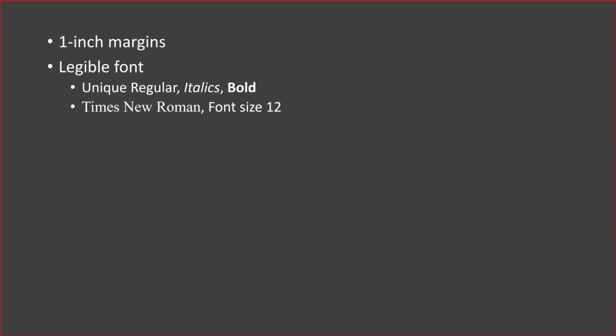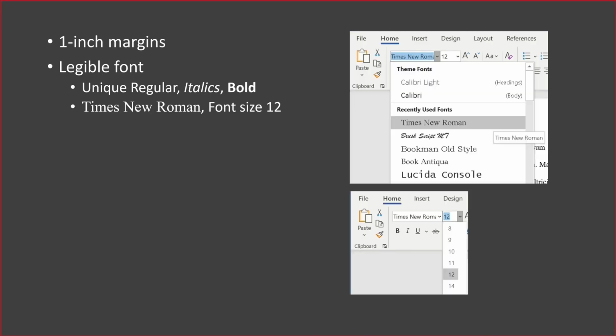The next thing is that you need to have a legible font, and just like with MLA, it doesn't necessarily have to be a specific font. The important thing is that your font is unique. It has a unique regular font, a unique italic font, and a unique bold font. Most commonly, you'll use Times New Roman, font size 12.